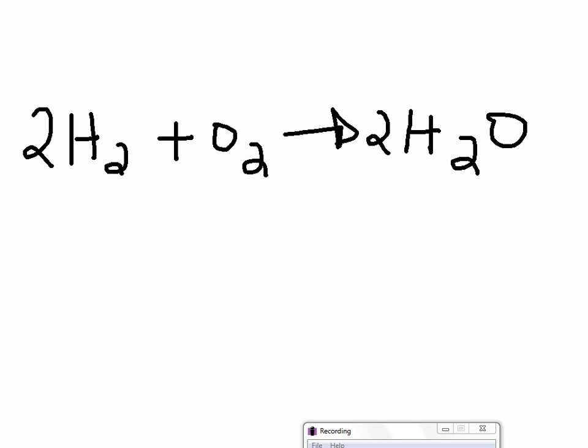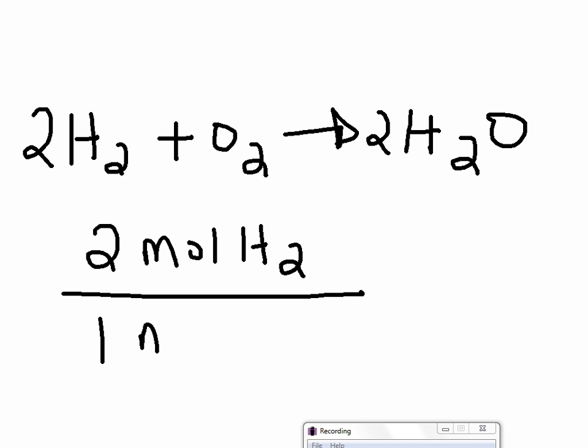This perfect ratio to use everything up in our ingredient set would be 2 moles of H2 for every 1 mole of O2. That would be the perfect ratio to get 2 moles of water molecules. And if it's in that perfect ratio, we would have nothing left over.